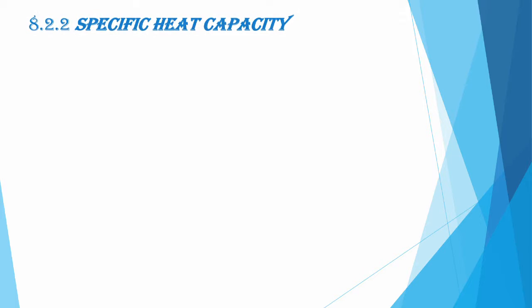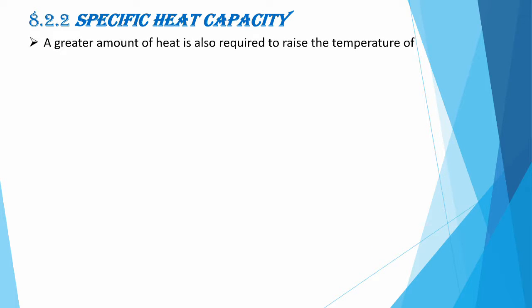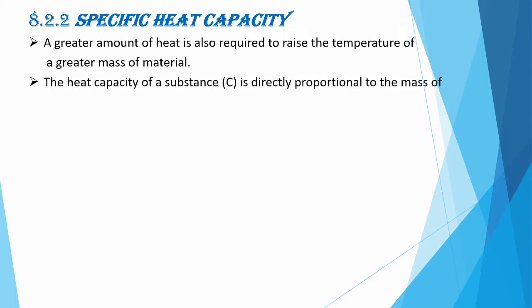Specific heat capacity. A greater amount of heat is also required to raise the temperature of a greater mass of material. So, the heat capacity of a substance is directly proportional to the mass of the substance, m.